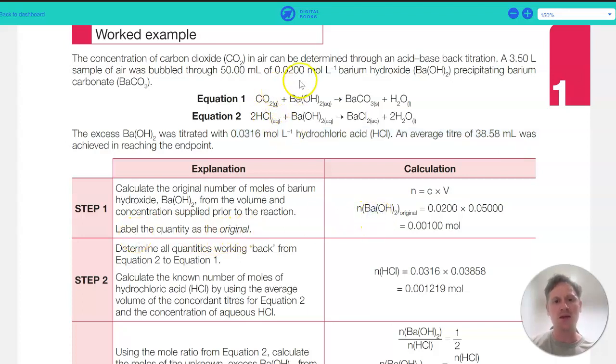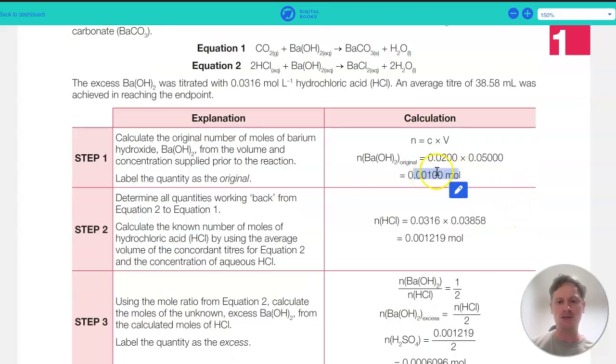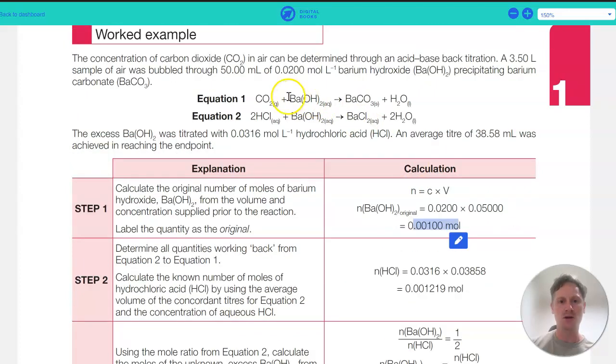So here, you were given the volume and the concentration of the original barium hydroxide. So we have number of moles equals concentration times volume, and we make sure we label this as original. This is going to come into play later, okay? So that's the original number of moles up here.